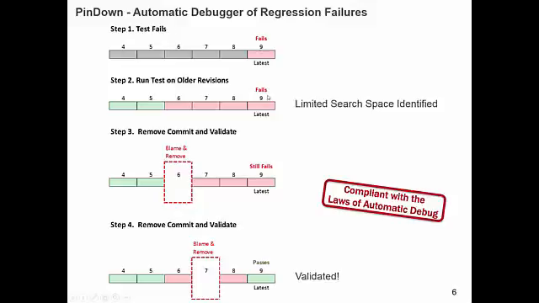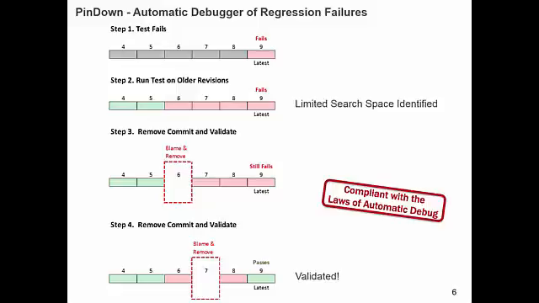The next step, step 2, is that Pinpoint reruns the same test on older revisions in order to find out the status. And when it does that, it sees that this test has passed back in history. So it has identified a limited search space.